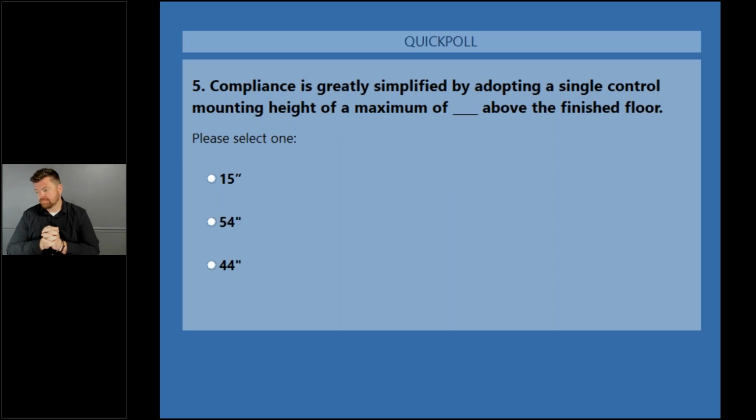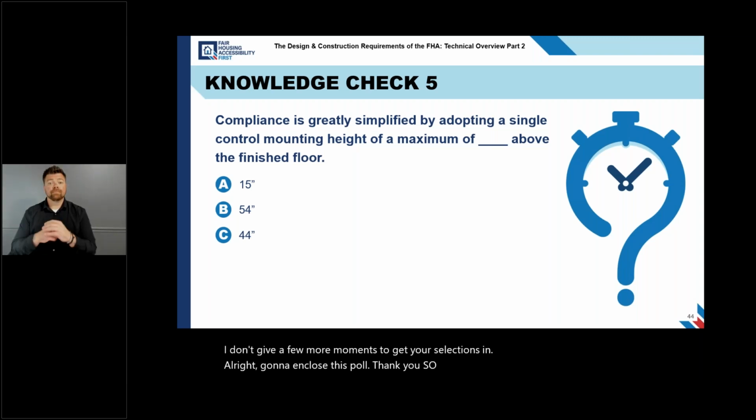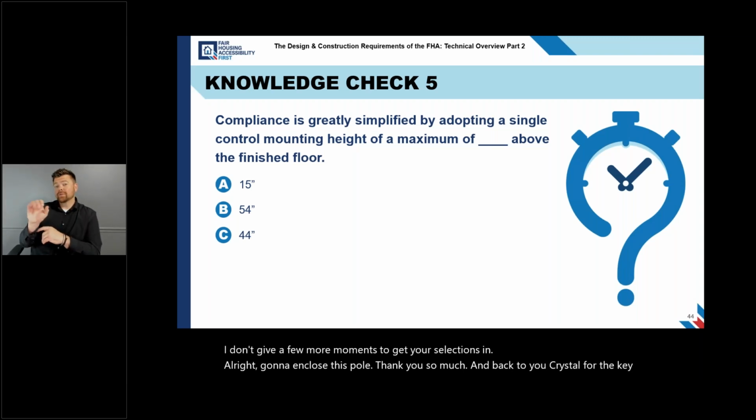I'll give a few more moments to get your selections in. All right, going to close this poll. Thank you so much. And back to you, Crystal, for the key takeaways.